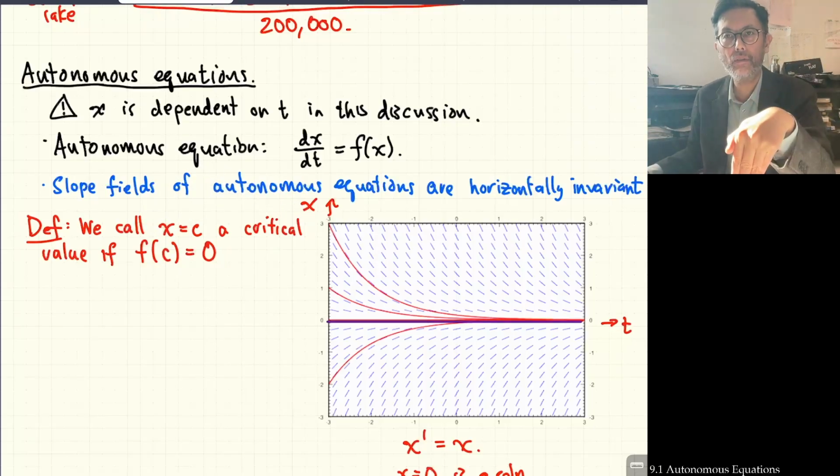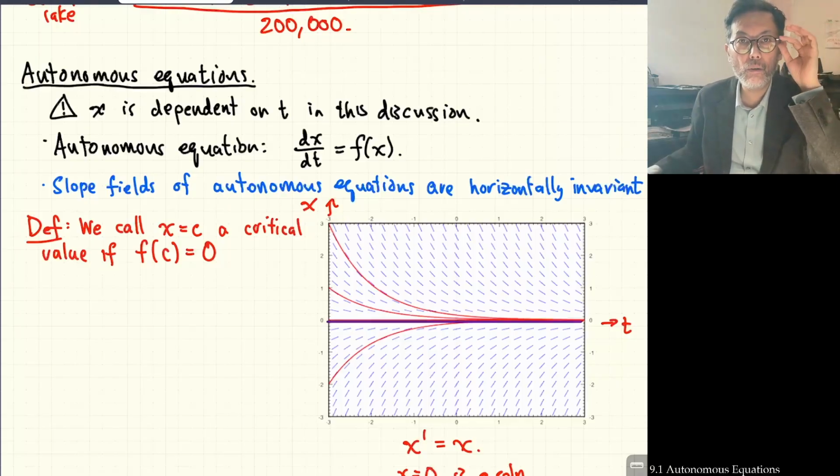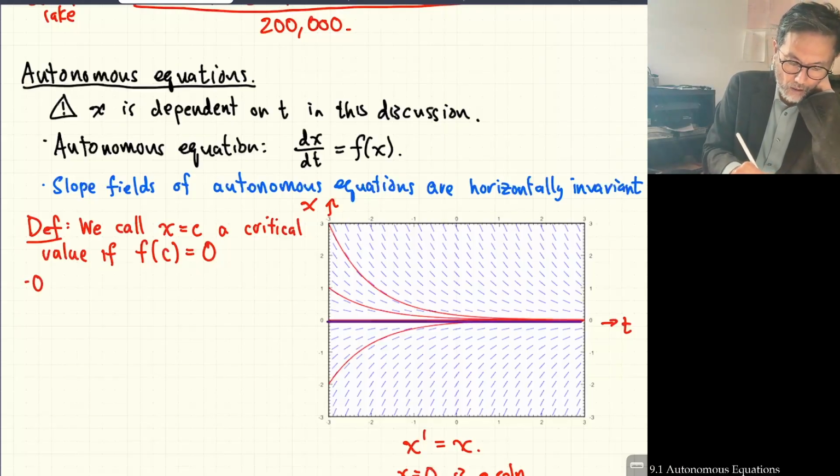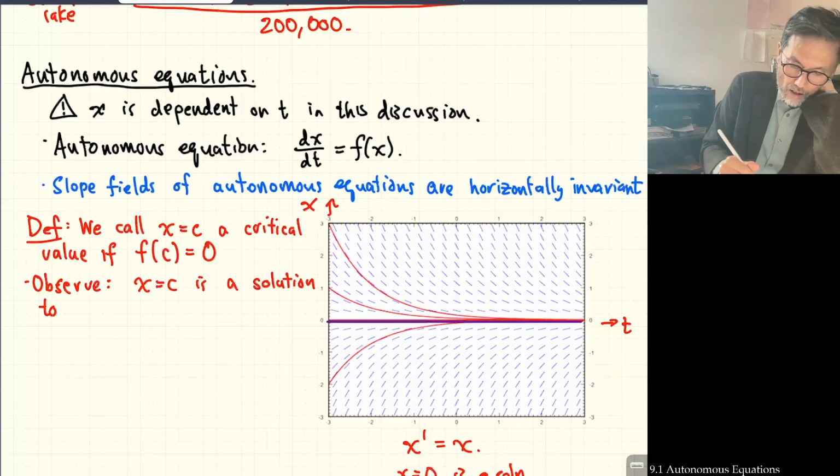So in the context of autonomous equations, we're going to call x equal to c a critical value if f of c is equal to 0. And the thing that I want you to observe is that x equal to c is a solution to dx/dt equals f of x.